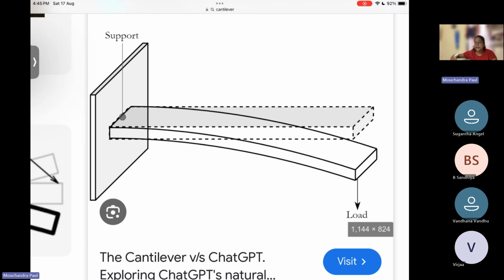When you apply some load, it can go back to its initial position. This is a very primitive explanation of how a cantilever looks.